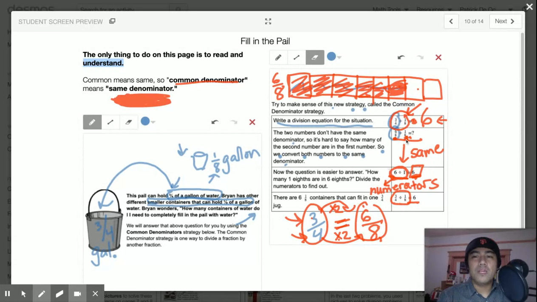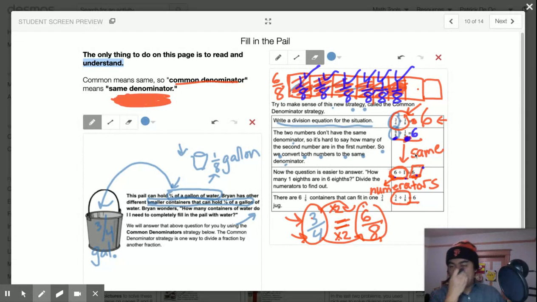Okay, how many 1/8 are in 6/8? 1, 2, 3, 4, 5, 6. That's why they did 6 divided by 1 is 6. And that's why this is 6. Okay. I hope that makes sense.